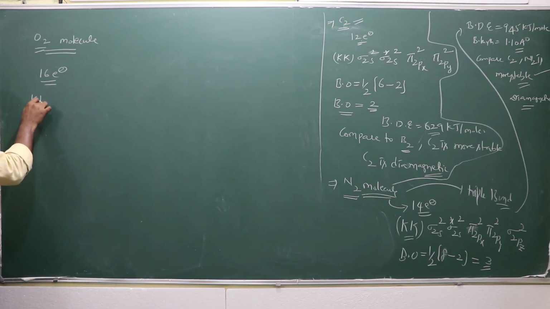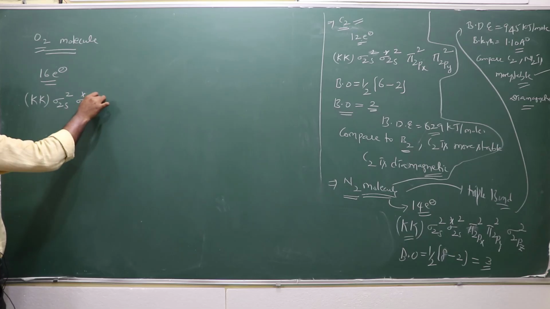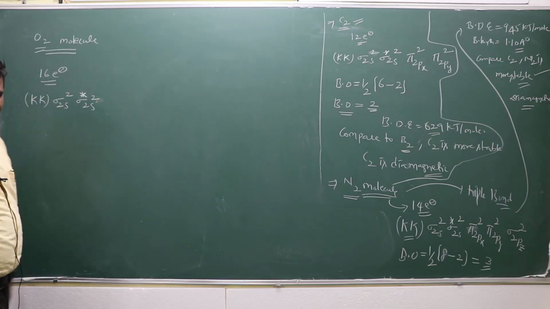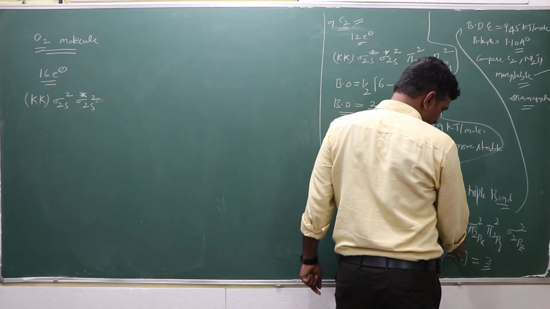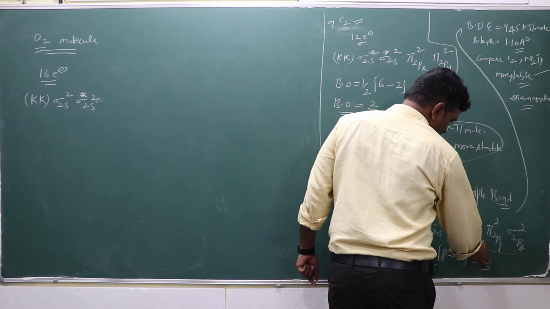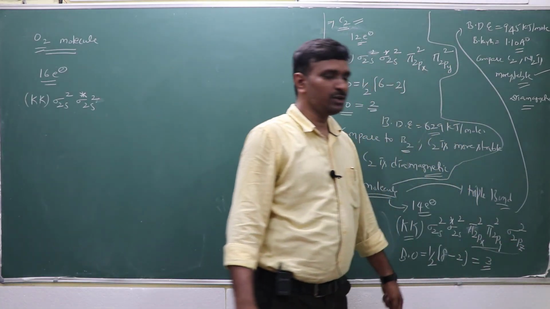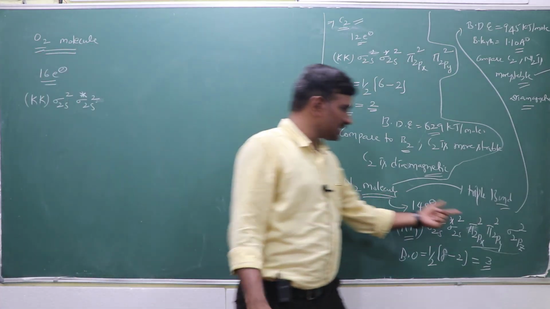So of those 16 electrons, 4 electrons, sigma 1s2 and sigma star 1s2, are completed in the KK inner shells. And sigma 2s2, sigma star 2s2. In the N2 molecule, after sigma star 2s2 we consider pi 2px, pi 2py, and after that sigma 2pz.